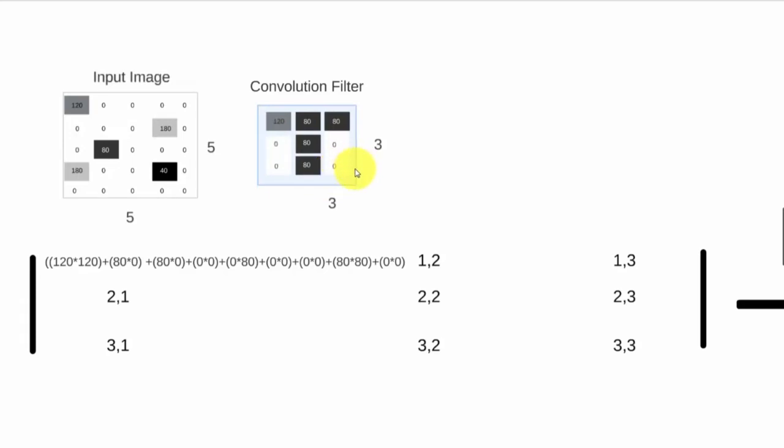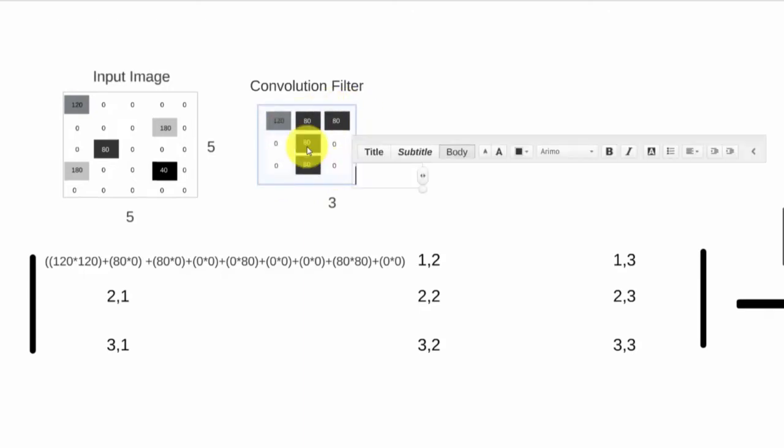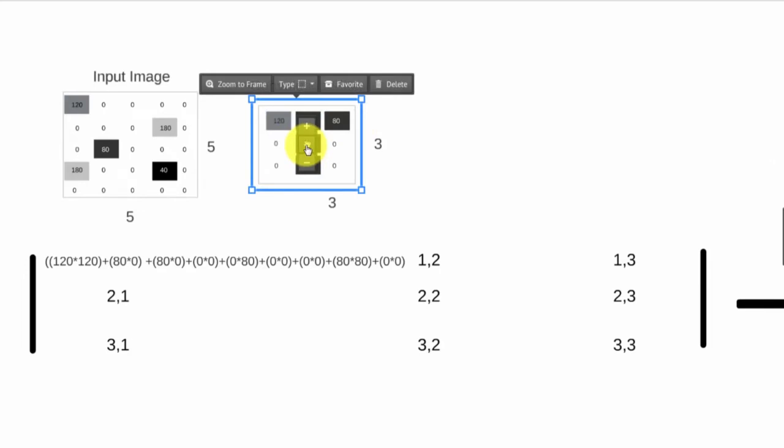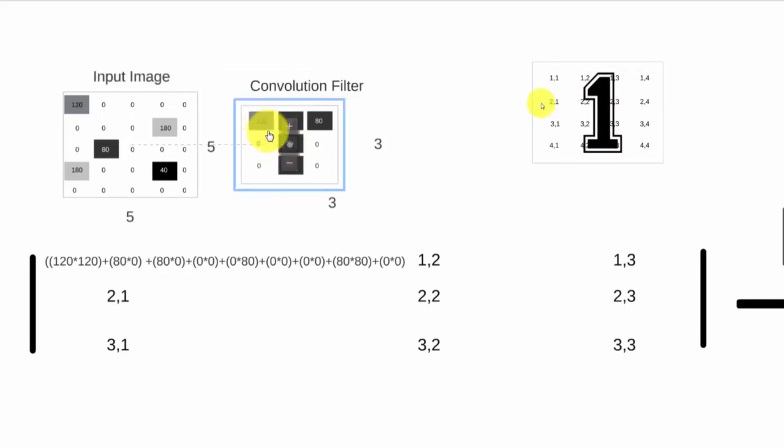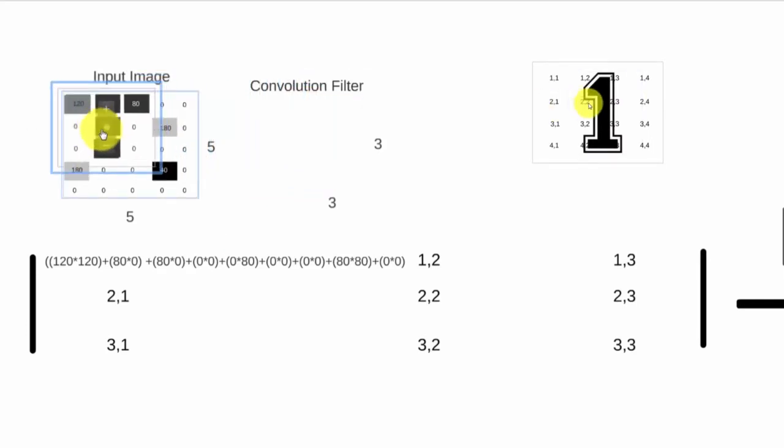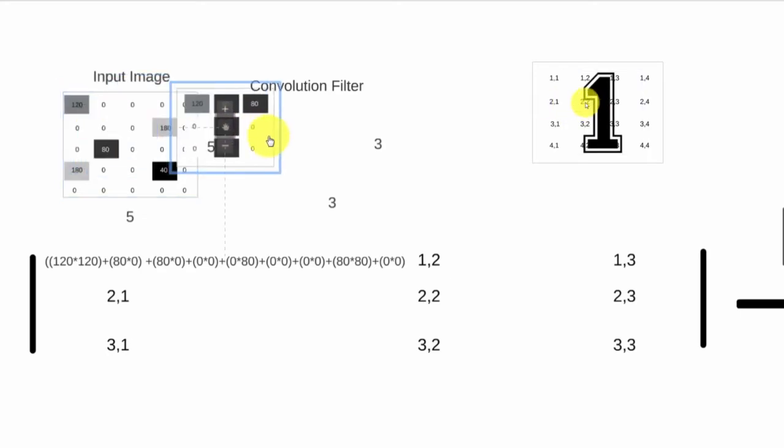So how this works in ConvNets is you take a feature, in this case the letter T, and you superimpose this specific configuration of numbers in a matrix over the input image. So there you go. Your 1,1 of the input image has to be superimposed with the 1,1 of the convolution filter. So that is going to be the first step.